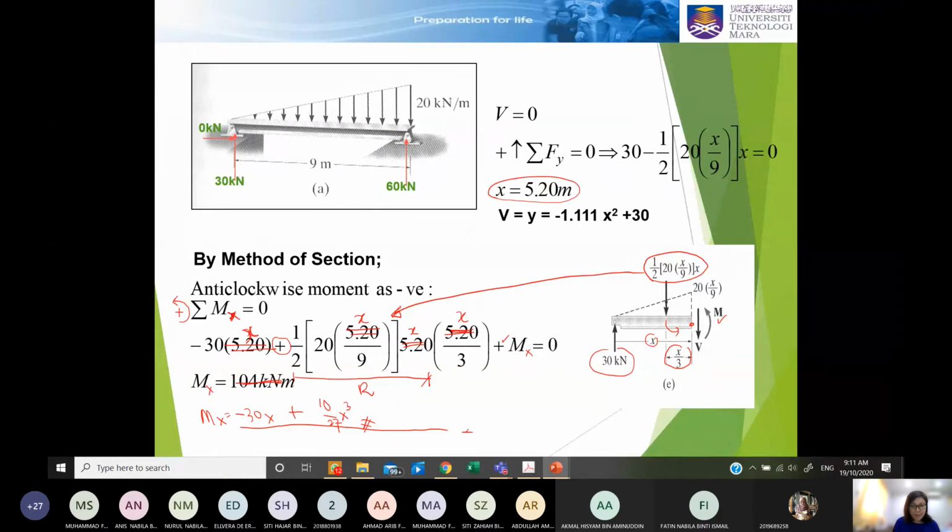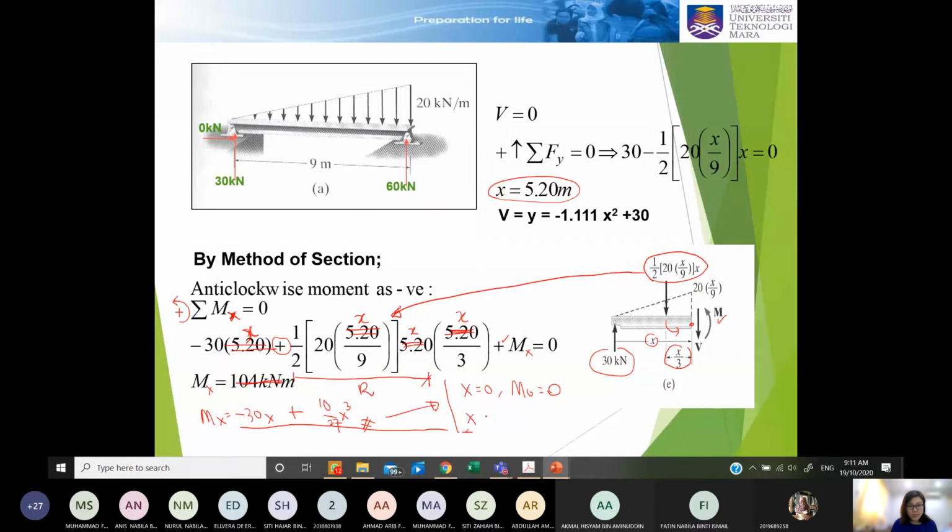So now, if we want to find the value of this moment, I'm using this equation to determine the moment when x equal to 0. What is my moment? It will be 0, right?